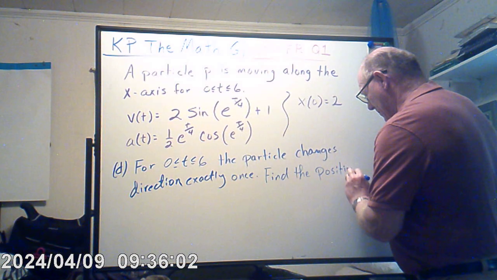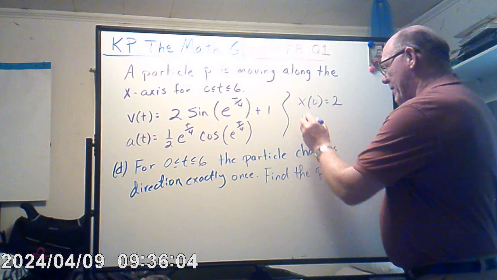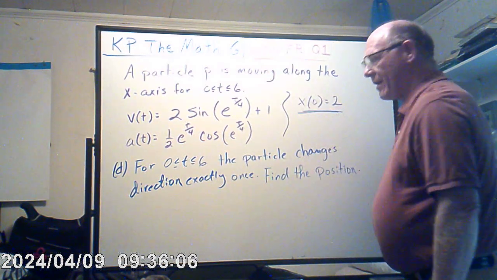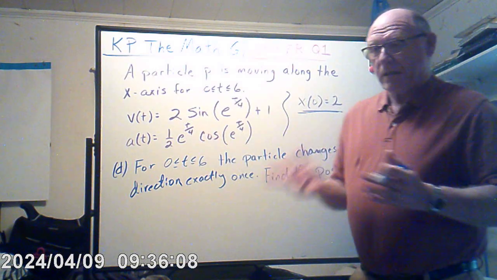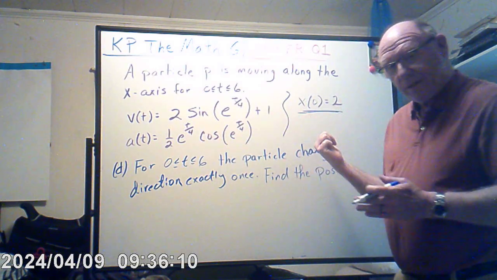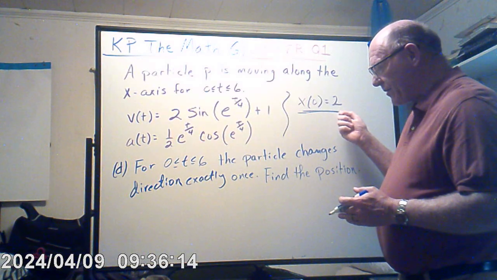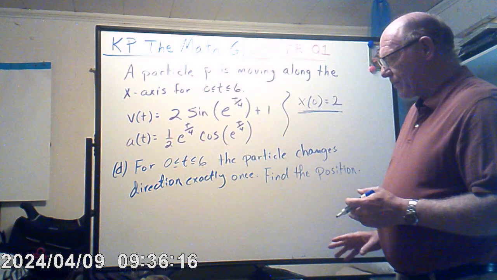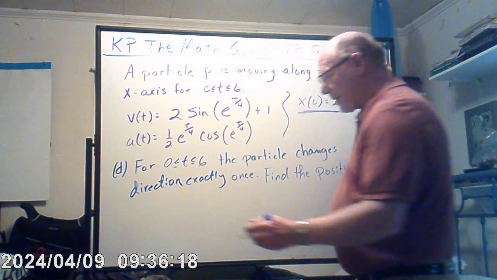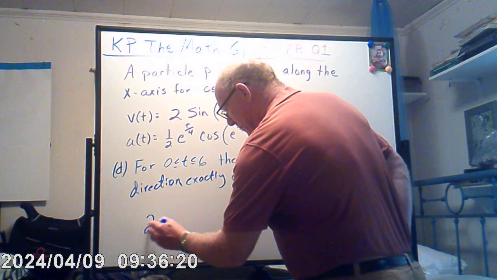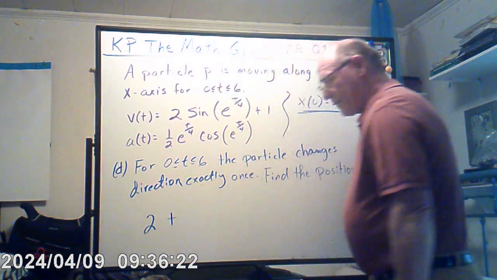Well, remember now, x at 0 is already 2. The position at t equals 0 is already 2, initially 2. That's one thing we've got to realize we are dealing with.